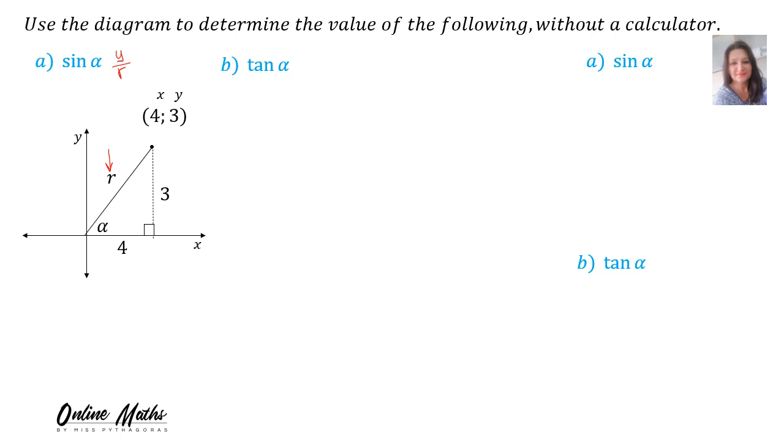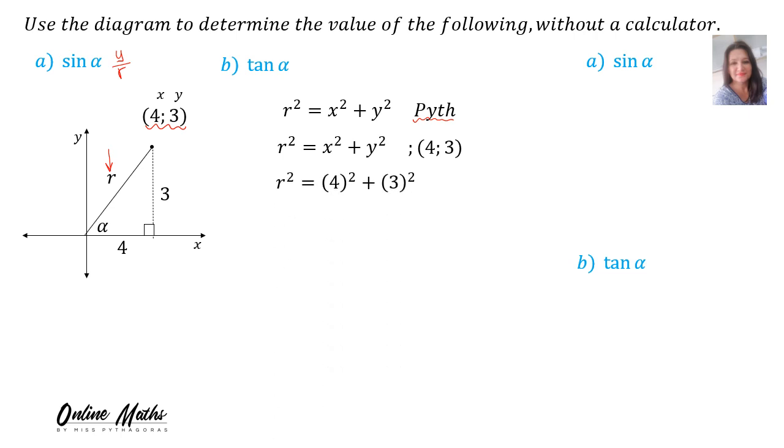Now we are going to use the theorem of Pythagoras. r squared is equal to x squared plus y squared, and you have to add Pythag there, and then we are going to find the missing side, and in this case it's r. Now we're going to substitute this coordinate that was given, the 4 and the 3.